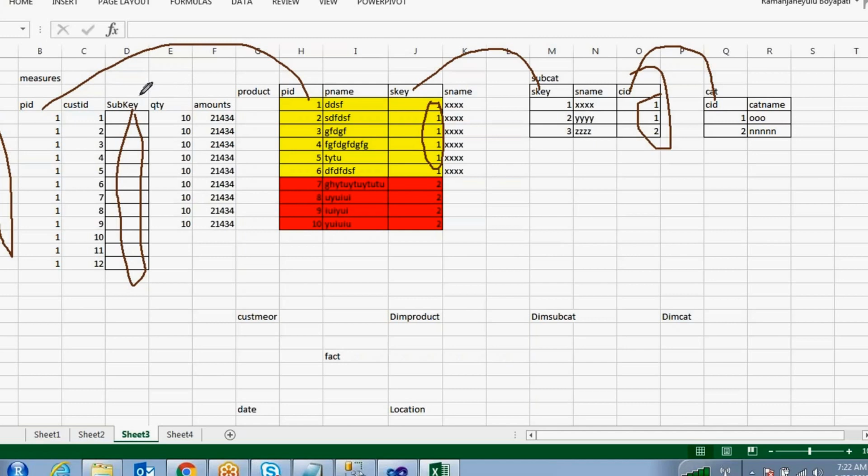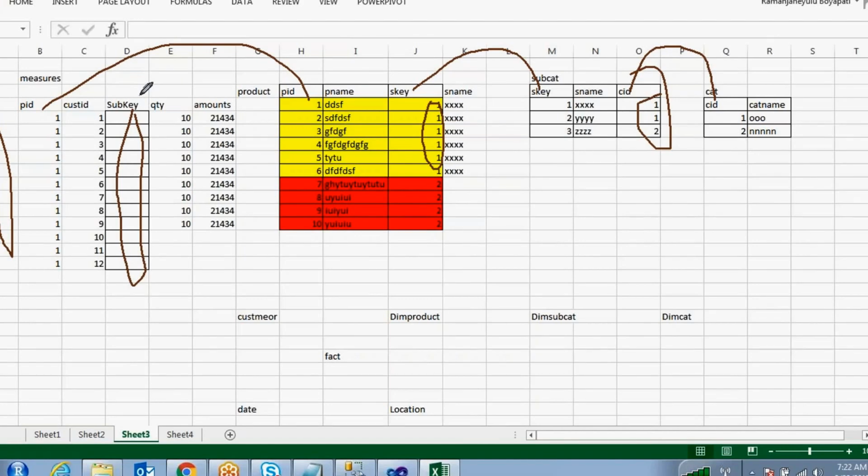If you want to maintain the direct relationship, you definitely have to put all the key values, subcategory key and category key, inside your fact table. Every time you insert transaction information into the fact table, it will insert the category key and subcategory key. There is a lot of data redundancy and waste of memory.